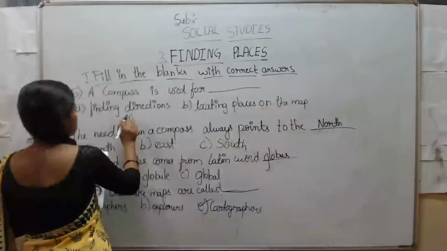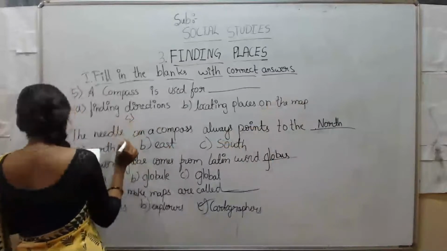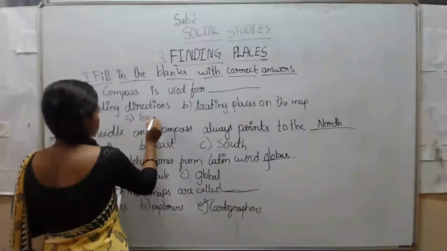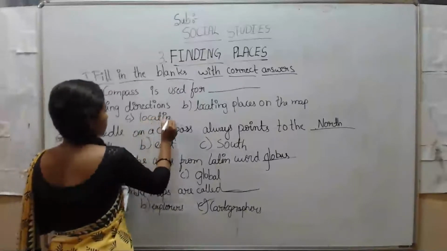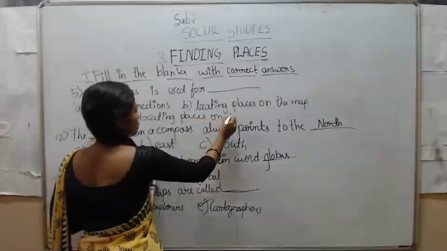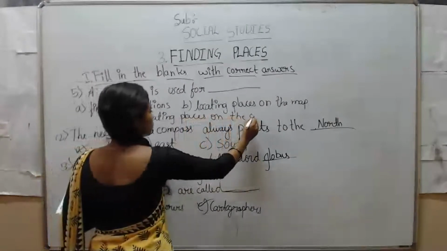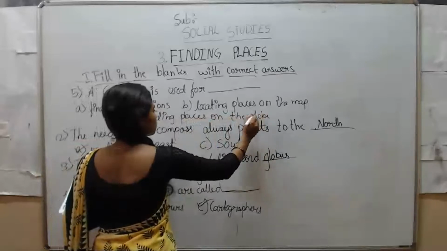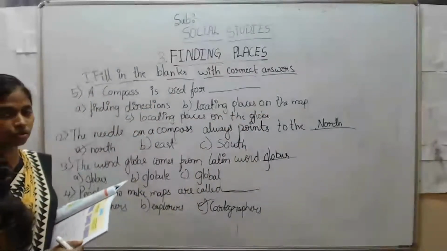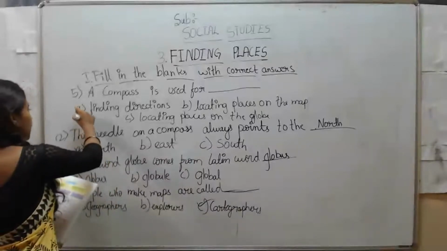And the third option, option C, locating places on the globe. So which is the correct answer? So compass will be used for finding directions.